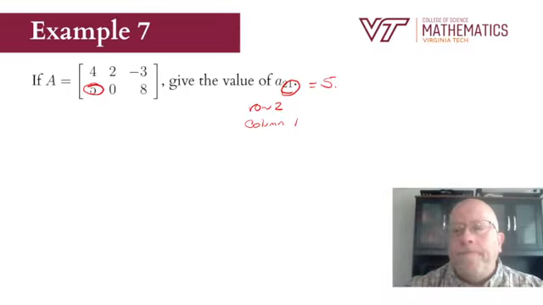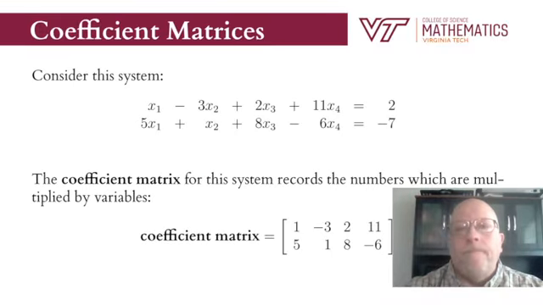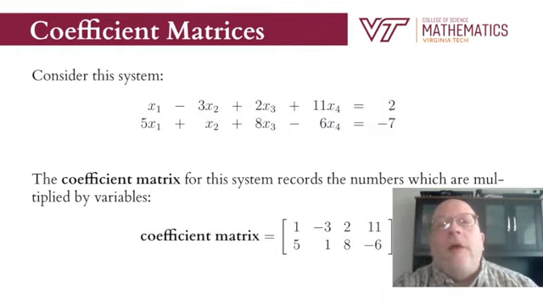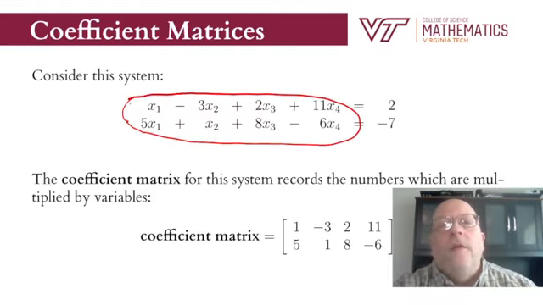All right. So we're just seeing some notation to talk about the method that we're going to be building up towards. We have a system here that has 4 variables, 4 weights in the system, and 2 equations. If I put all of the information in the system on the left side into a matrix, we call that the coefficient matrix.